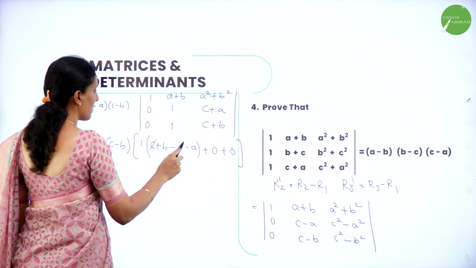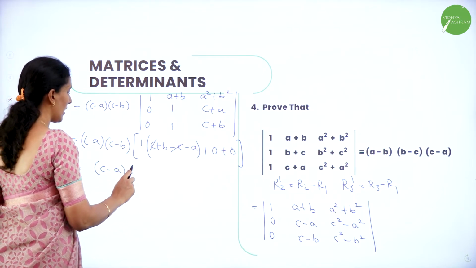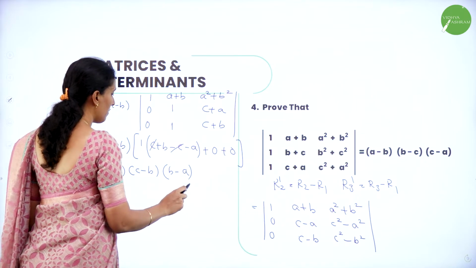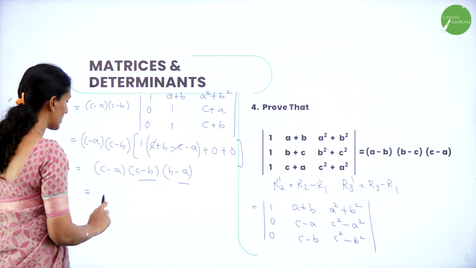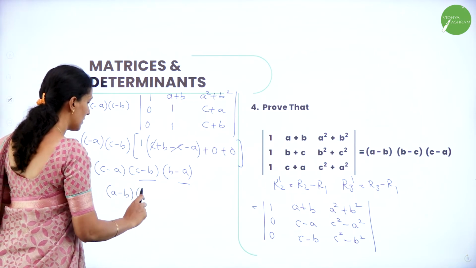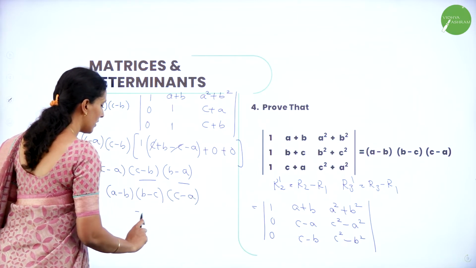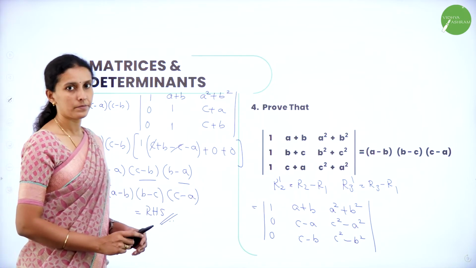So c minus c cancels, we have b minus a. So c minus a, c minus b, b minus a. From the last two factors, taking minus outside, we get a minus b, and this is b minus c, and the last we can put c minus a. That is the RHS of the given determinant.